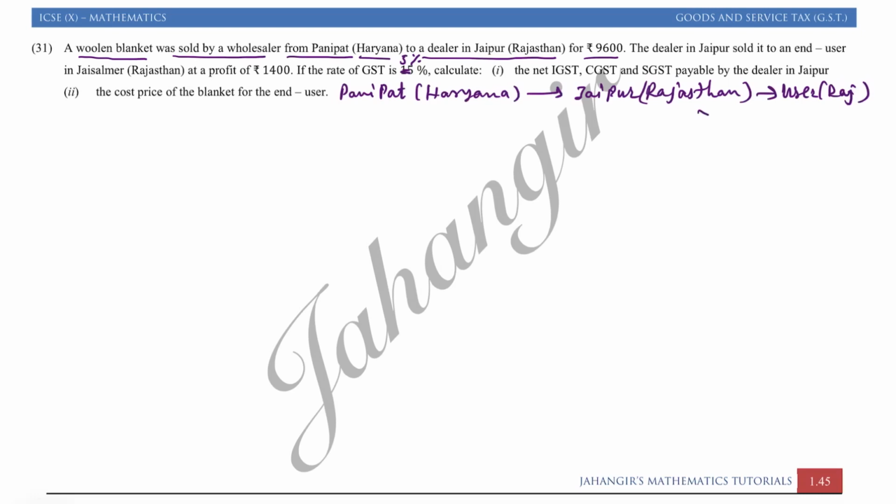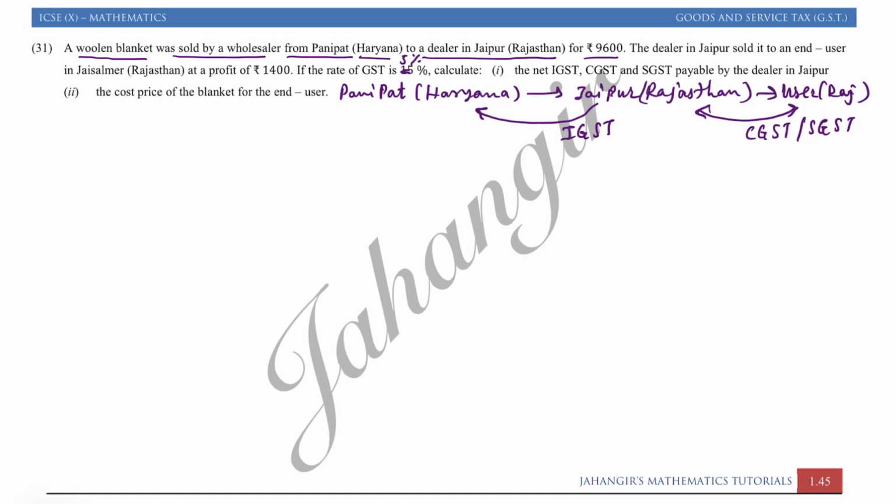Okay, so this is interstate, this is intrastate. Here tax paid is IGST, and here tax is collected, that is CGST and SGST. This type of question is important, but it won't be asked in the exam.